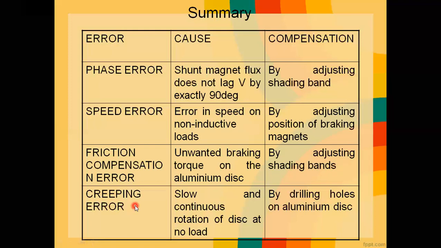Another one is creeping error. So the creeping error cause is overcompensation of friction, and its result is slow and continuous rotation of the disc at no load condition.